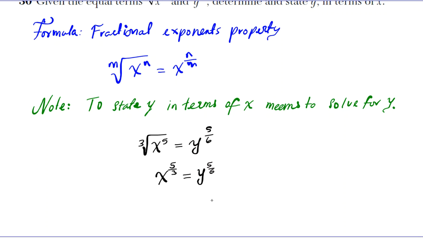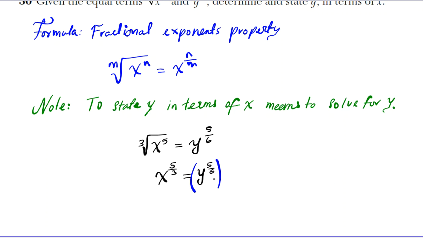Now, what is the inverse of raising a term to the 5/6 power? The inverse of that operation is to raise the exponents to the reciprocal of that power, and that will accomplish the inverse.